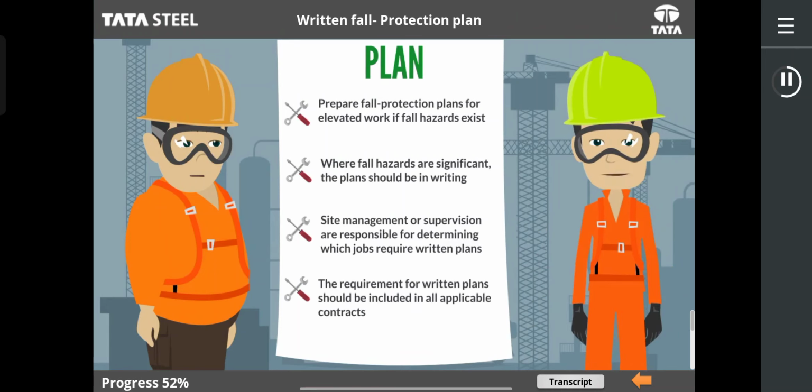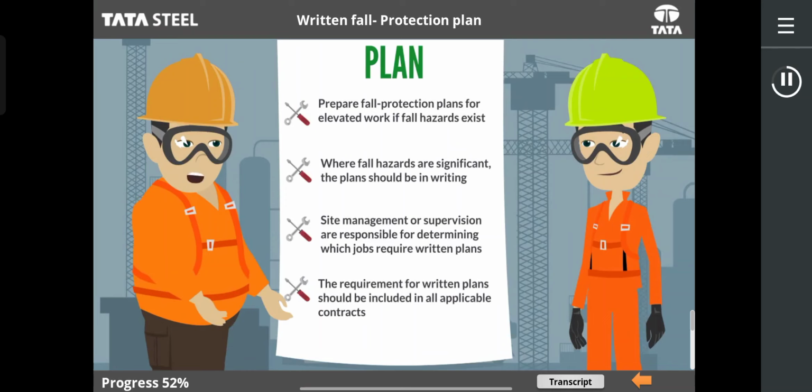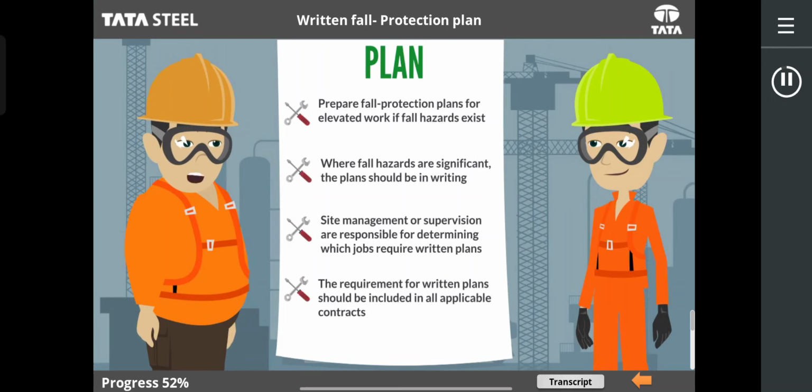The requirement for written plans should be included in all applicable contracts. Since the fall protection plan is the last line of defense, I am sure due diligence should be exercised in deciding the personal fall protection. Let us understand the components of the fall protection plan next.